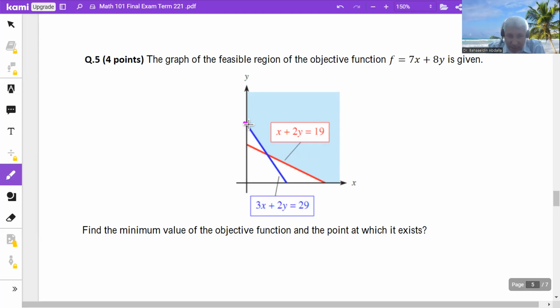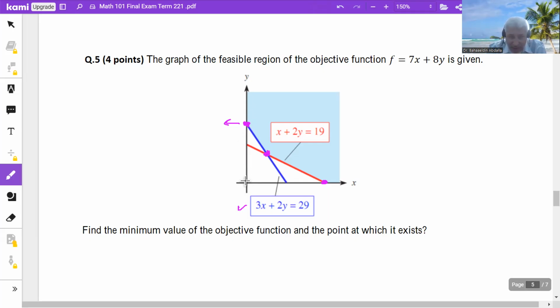So you can see that this is a corner point, and this is another corner point, and this is the third corner point of this blue region. So how to find this corner point? Well, you find it from this equation, because this is the line, and this point is the intersection of the y-axis and the blue line.